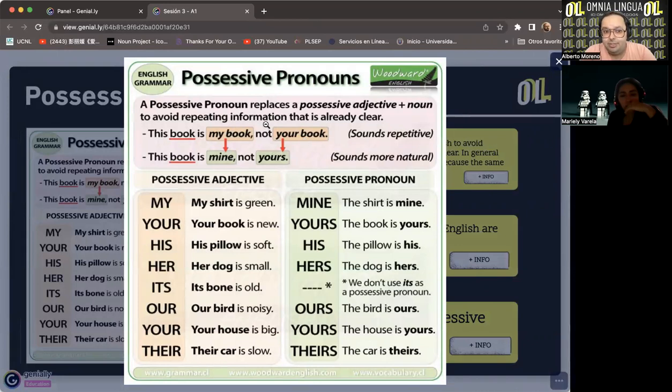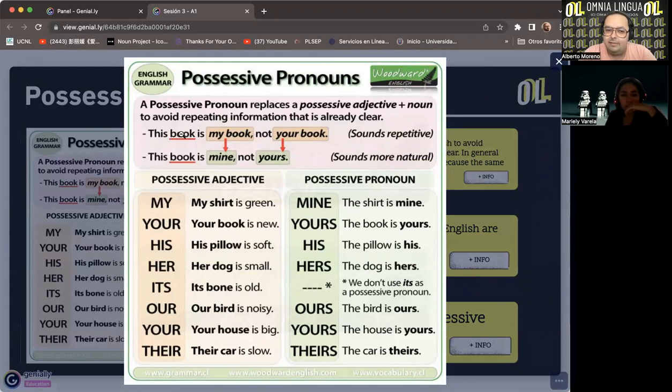It sounds repetitive and is hard for the listener: my book, my book, my book, your book, your book. No. So in this case, we can use the possessive pronouns.